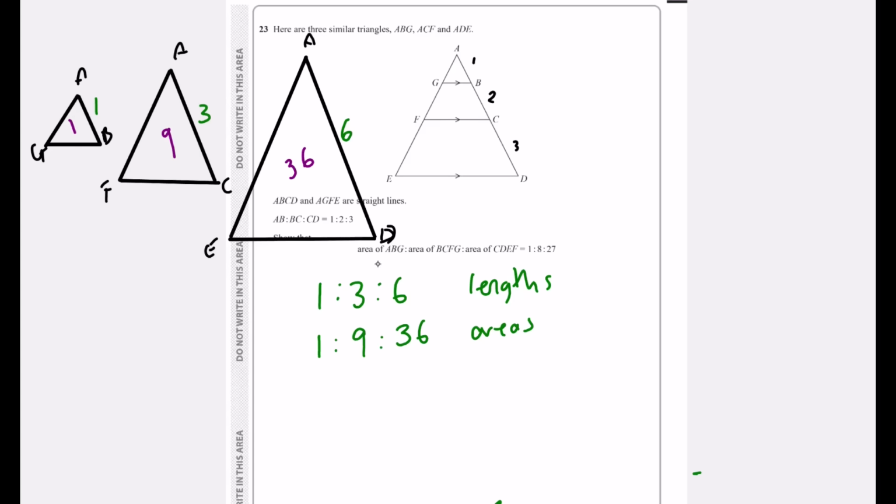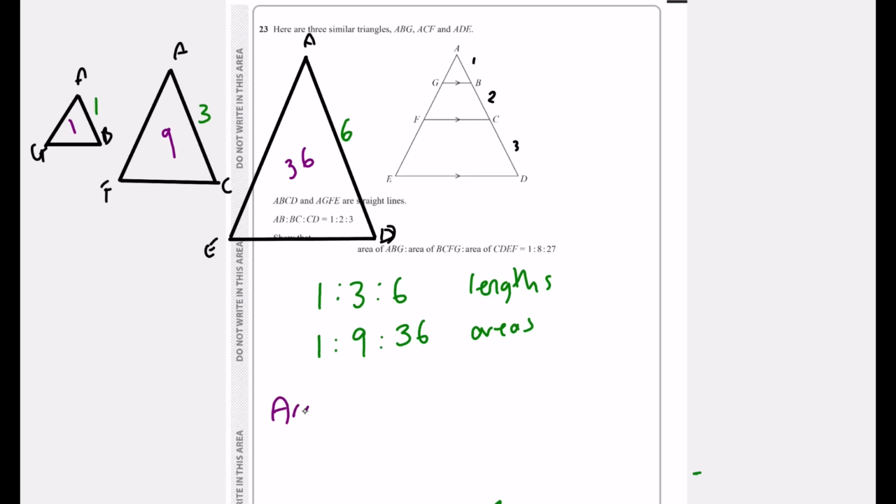And we want the area of ABG, which is 1, to the area of BCFG, which is this trapezium. So it's medium triangle, take away little triangle. So it's 9 take away 1, which is 8.